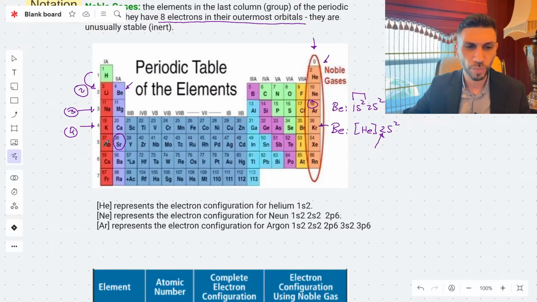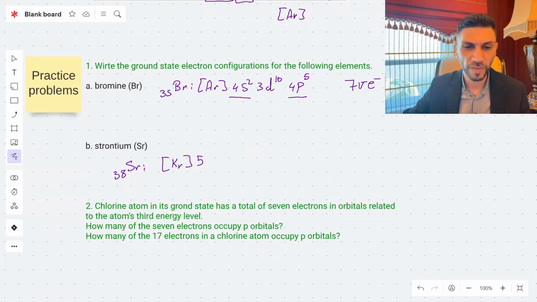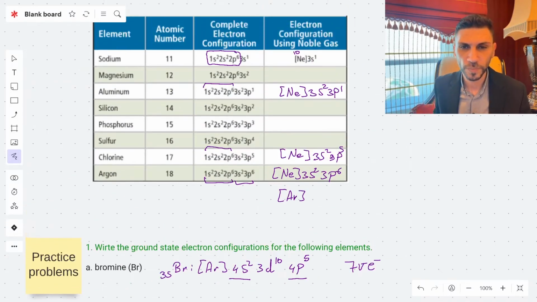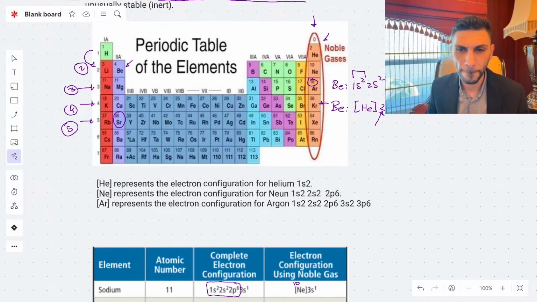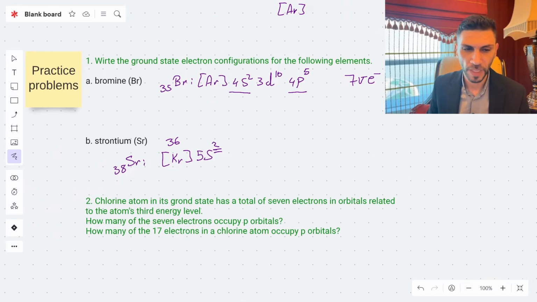Sr is in group number 5, so I'm going to start with 5s2. Because in the krypton we have 36 electrons, and 2 electrons are left to make 38.